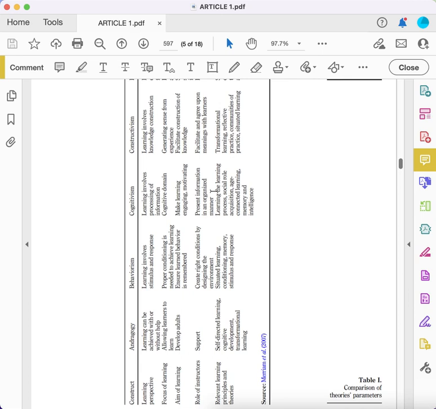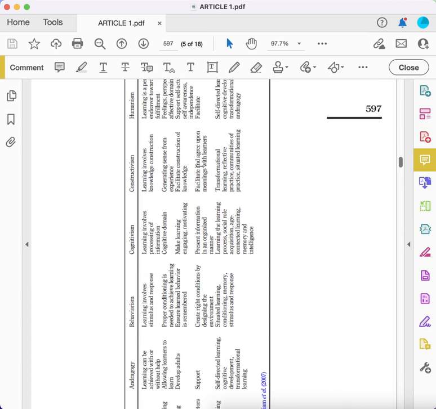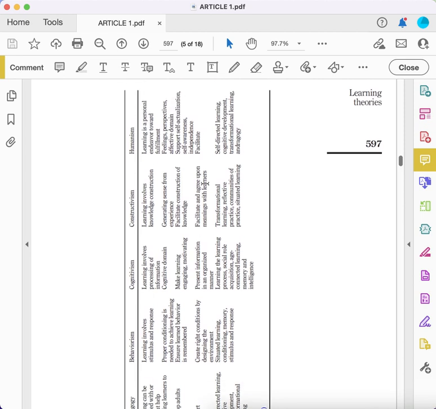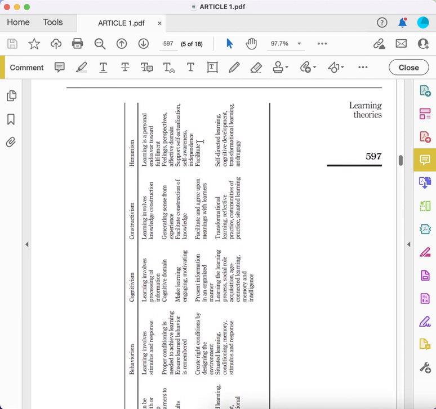Cognitivism is giving an organized way to think about the material so you can be successful in it. And then constructivism is facilitating and agreeing on meaning with the learner. So you're constructing that knowledge together as a group. And then humanism, like we said earlier, is very much facilitative. So they're meeting their goals. It's a lot of self-directed learning in that realm.